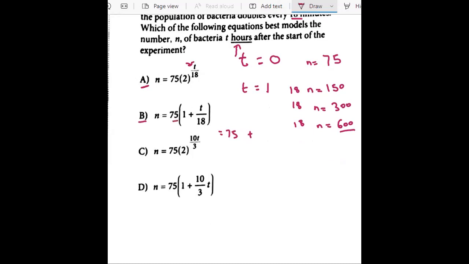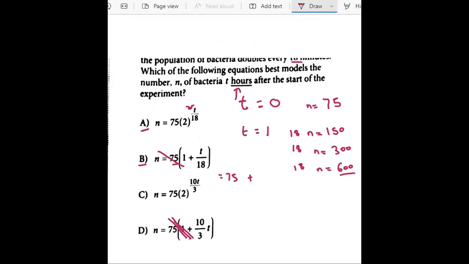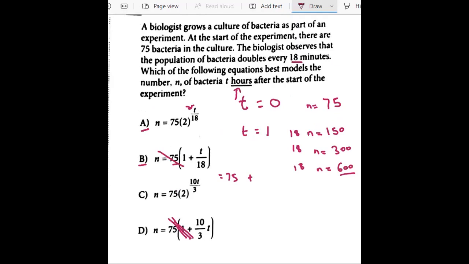So clearly B and D cannot be the answers, right? Is this okay, that I've crossed out B and D directly? Because we will have 75 as a constant term in both B and D, and this model is not going to have anything constant. Whatever we have initially, that would be doubled. That is why B and D cannot be the answers.